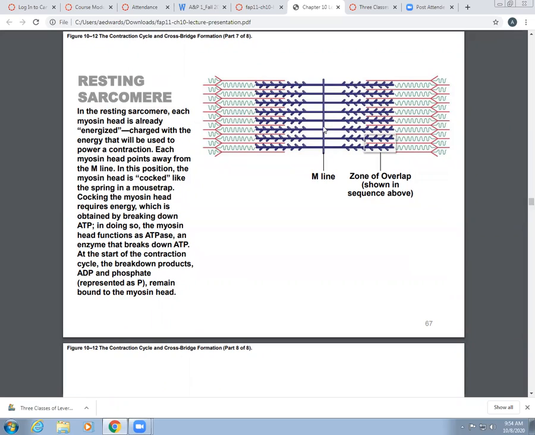The middle of the thick filament is the M line. The area where there are only thick filaments is called the H zone. The area where you have thick and thin filaments is called the zone of overlap. And the zigzag line here in the thin filaments, that's your Z line.